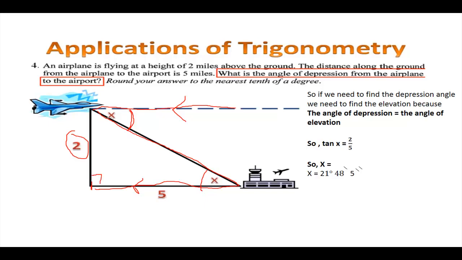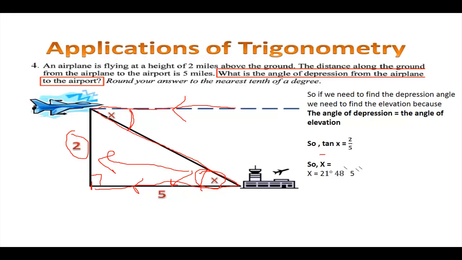So we have the right angle here. If I need to find the measure of this angle, which is x, we have the opposite side and the adjacent side. So what is the trigonometric ratio that relates the opposite and the adjacent side? Of course it's going to be tan.